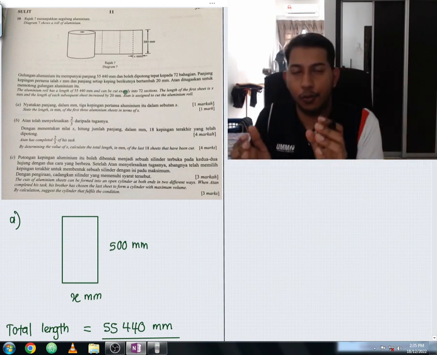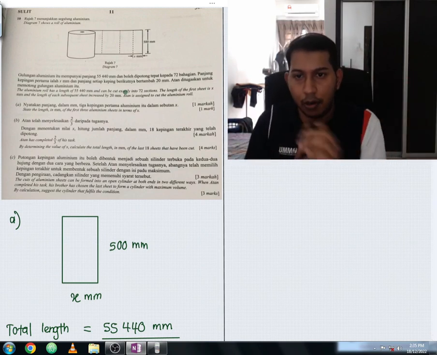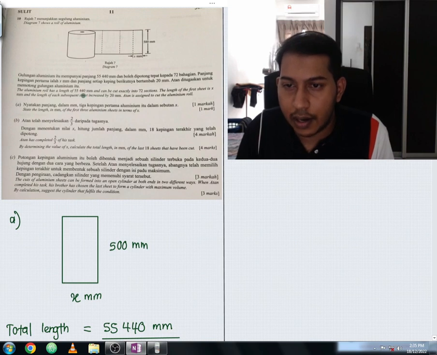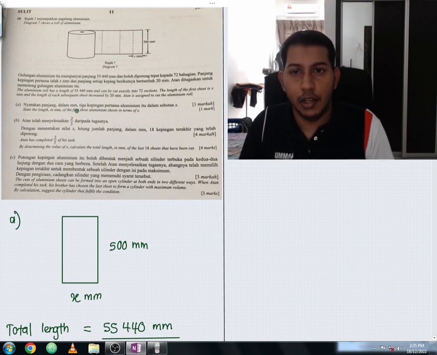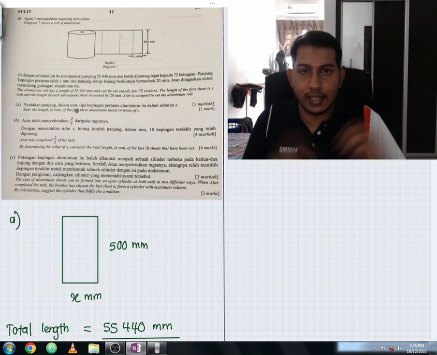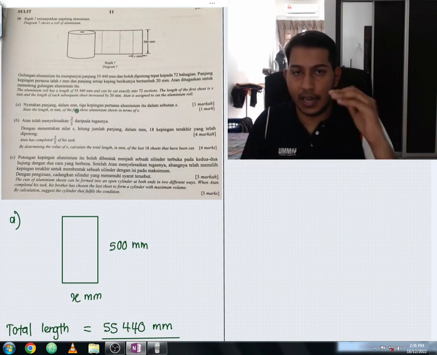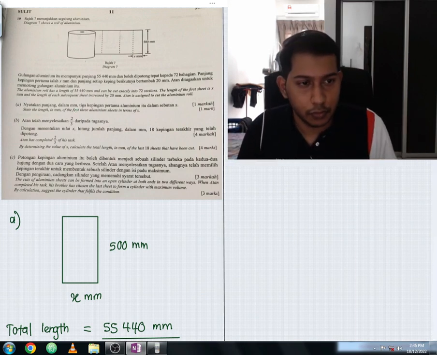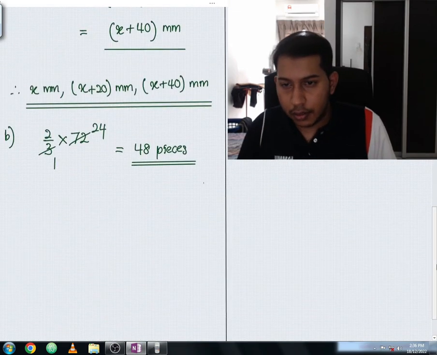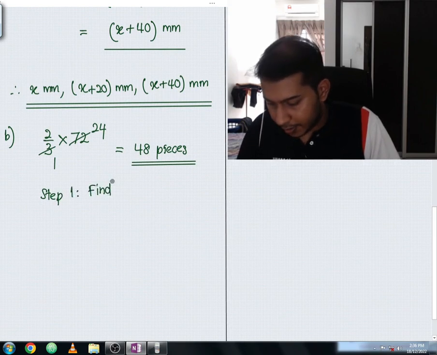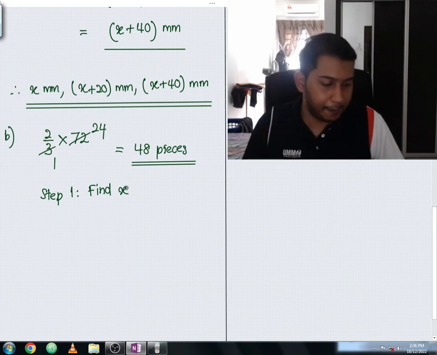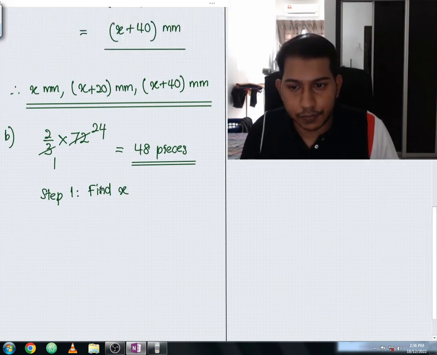Length 1, length 2, up until length 72, you sum them all, you should get 55,440 millimeter. So this information we're going to use to find our x, in this case our first term. So that will be our step 1. Remember guys, do it step by step. So step number 1, find x. This will be our very first step. So let me underline this.